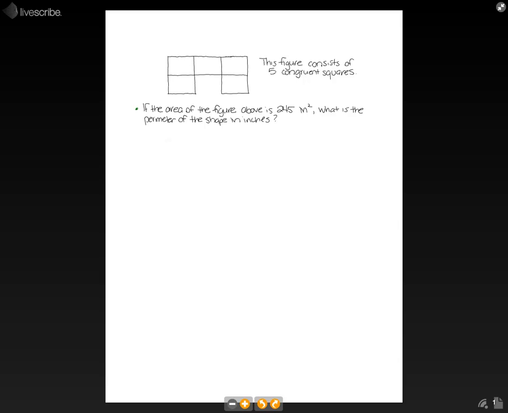So if we have this square, and let's say it's the bottom right-hand square, if we call the length of it x, then since it's a square, the height of it is also x. If this is square 1, 2, 3, 4, and 5, the area of 1 equals x times x, since the area of a square is the length times the width, which means the area is x squared.